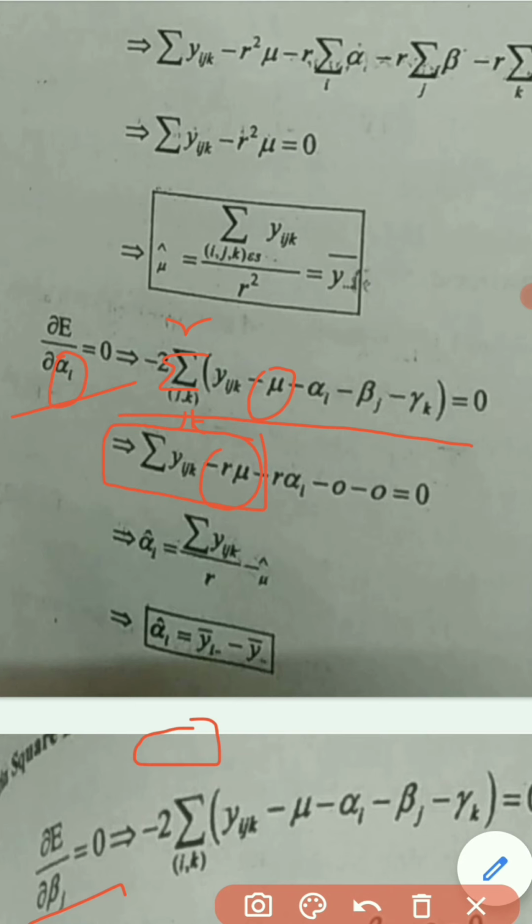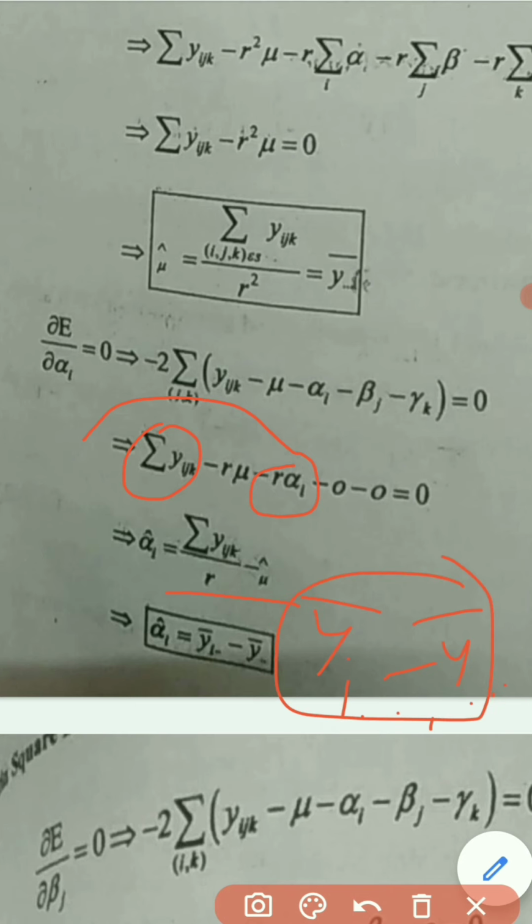And just get the alpha i value to this side and get this value here. Get this alpha i to the other side, you will get this value, and it is nothing but y bar of i dot dot, two dots, minus y bar of dot dot dot, three dots.